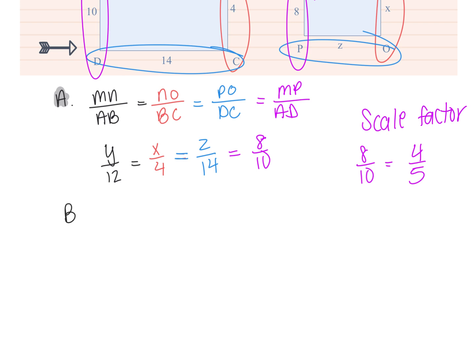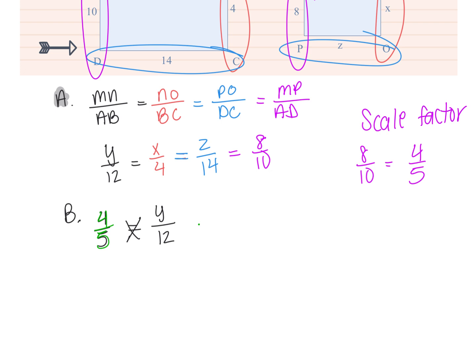So finding B, I'm going to use my scale factor, and this is when you're going to cross multiply. So using my scale factor, I have 4 over 5, or I'll write it in green because that's what we got. That was my answer for my scale factor. 4 over 5 is equal to y over 12. I'm going to solve for y. How am I solving for y? Good.